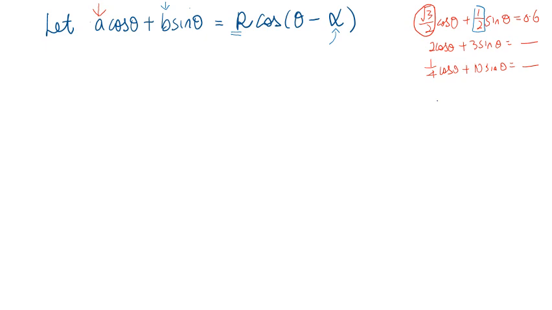I hope you understand my explanation. Next, we're going to use the addition formulae to expand this. That will give us r cosine theta cosine alpha plus r sine theta sine alpha.